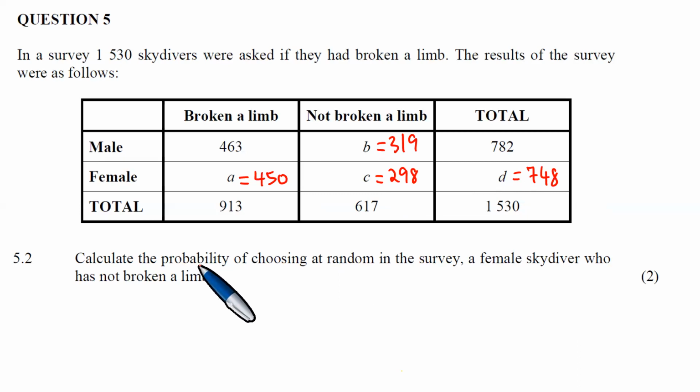Now, with that said, here we are continuing to say calculate the probability of choosing at random in the survey a female skydiver who has not broken a limb. So we're looking at a female skydiver who has not broken a limb. So we are here.